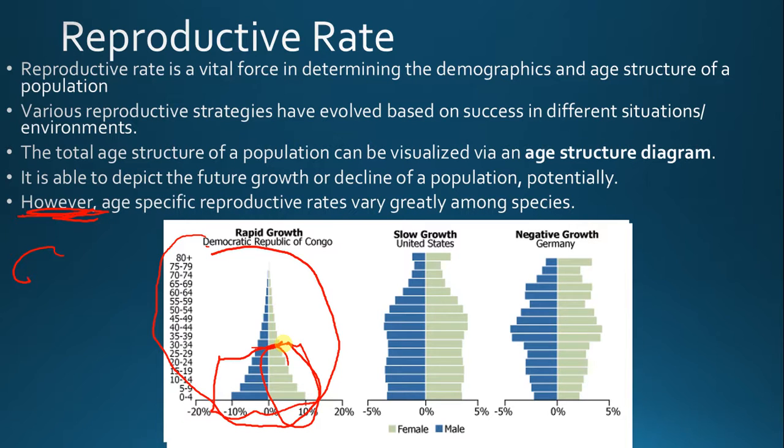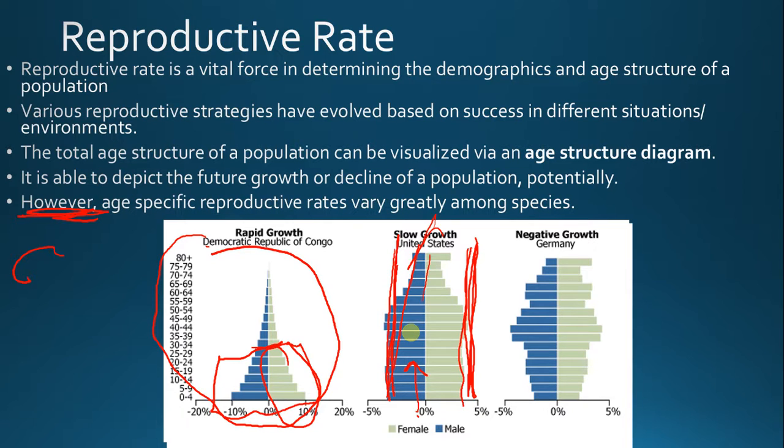We have slow or neutral growth, as exemplified by the United States. It's almost like a column. Straight up and down, equal distribution. So just as many people seem to be dying and aging as are being born and are younger and reproductively virile. And so over time, the population won't really grow substantially.